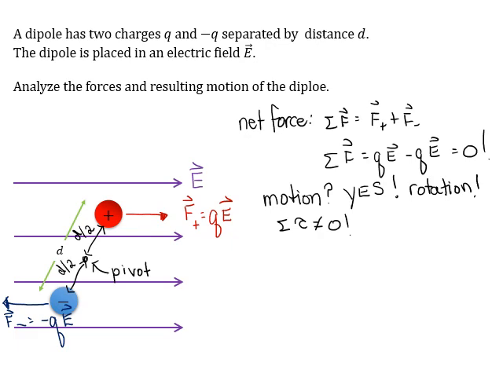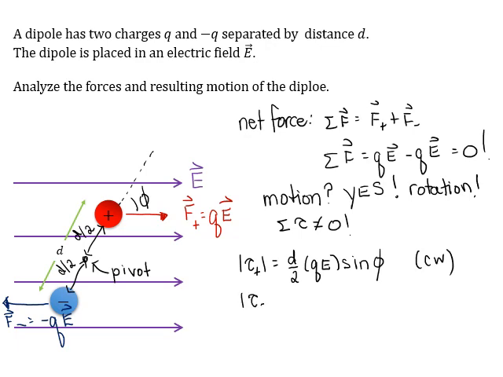So the magnitude of the torque on the positive charge is our distance between the charge and the pivot times the magnitude of the force, Q times E, times the sine of the angle between the force and the lever. So that angle, extend our line here, that's our angle phi right here. If we were thinking about which way it spins, this one goes to the right, this one goes to the left, that would be a clockwise rotation. We can put that in brackets at the end.